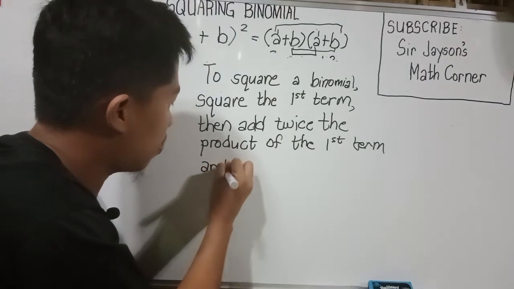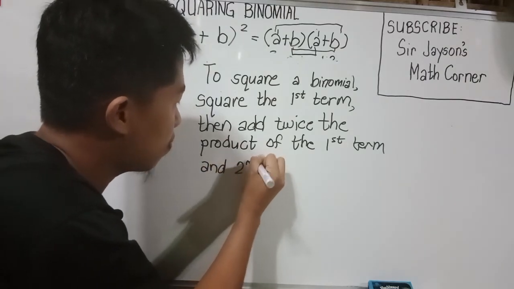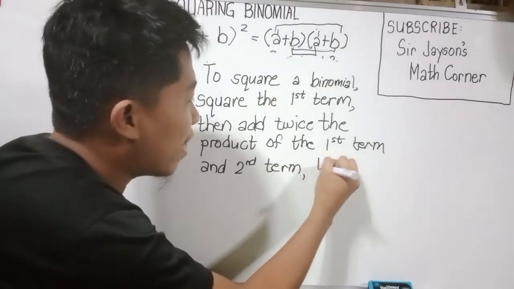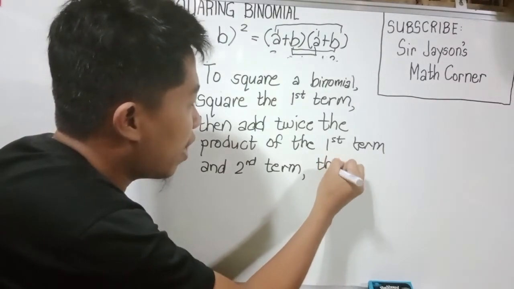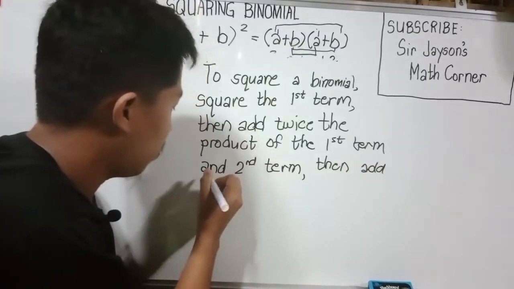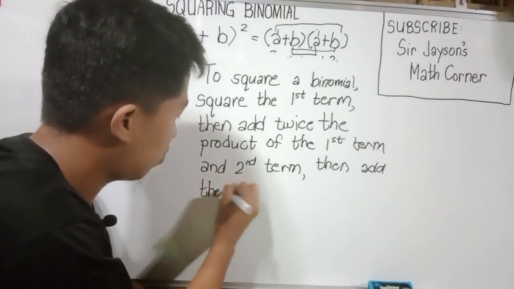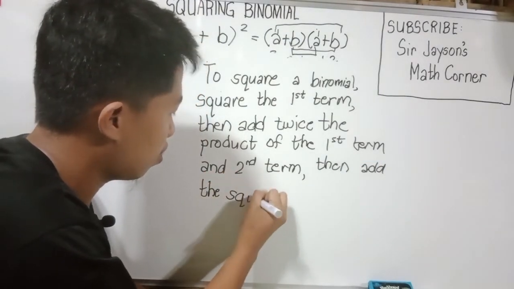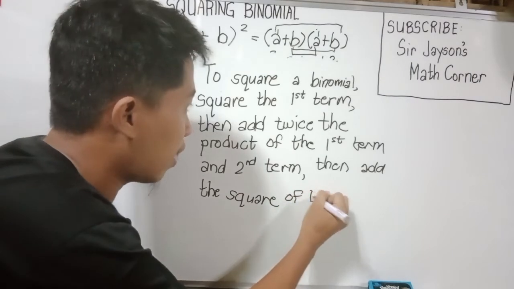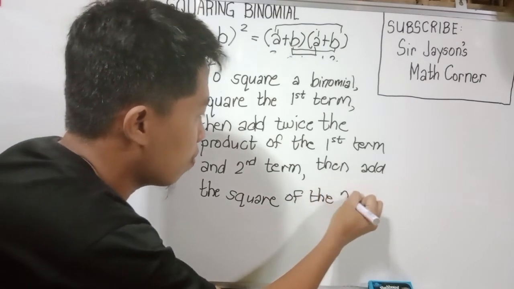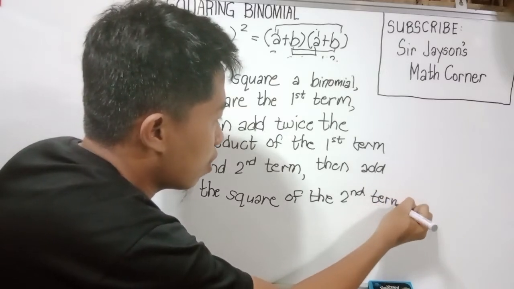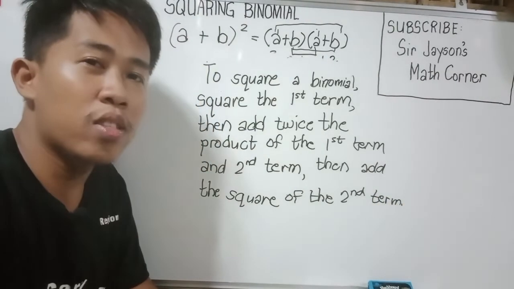Then finally, add the square of the second term. And that's the rule in squaring a binomial.